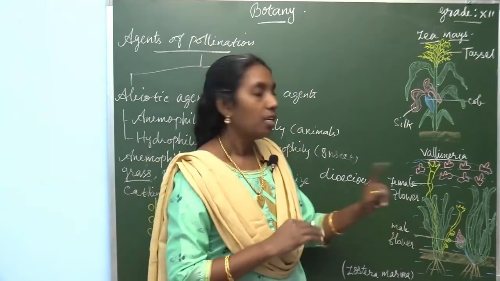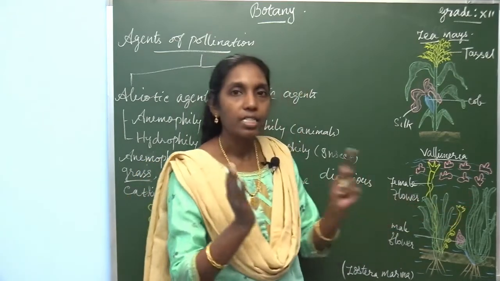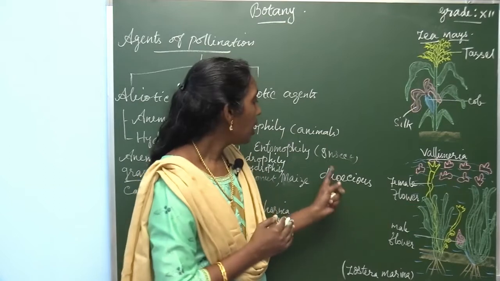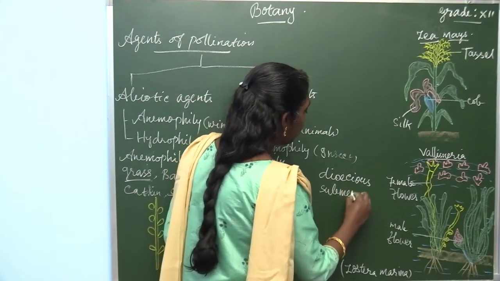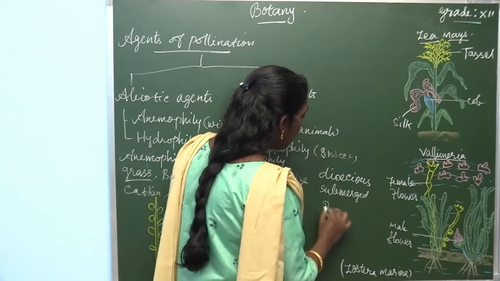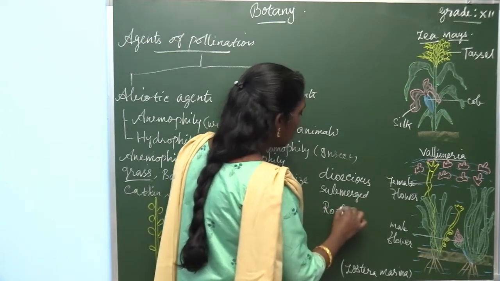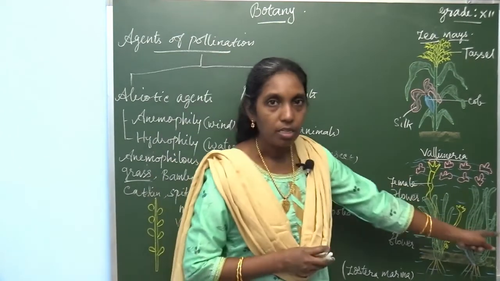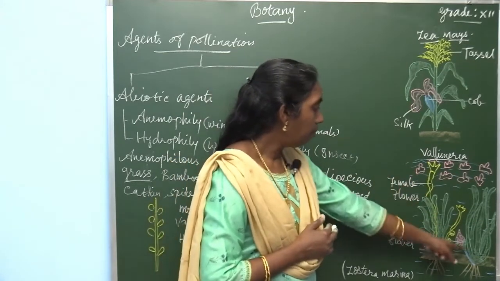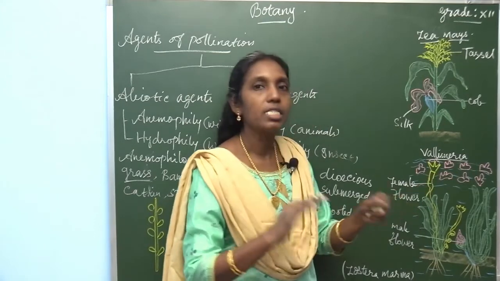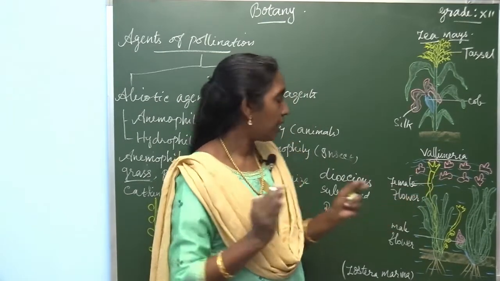Vallisneria is dioecious. The characteristic feature of Vallisneria is that it is dioecious, submerged and rooted. What is the dioecious condition? The male and female flowers develop in separate plants.